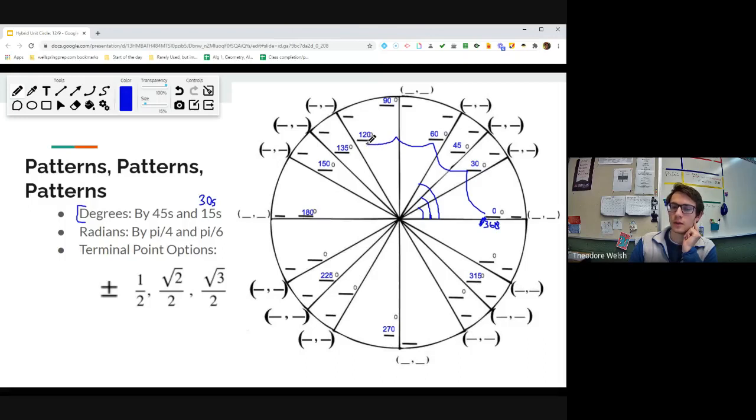Plus 30 is 120. 120 plus 30 is 150. 150 plus 30 is 180. 180 plus 30 is 210. 210 plus 30, 240. 240 plus 30 is 270. 270 plus 30, 300. 300 plus 30, 330. And 330 plus 30 is 360.